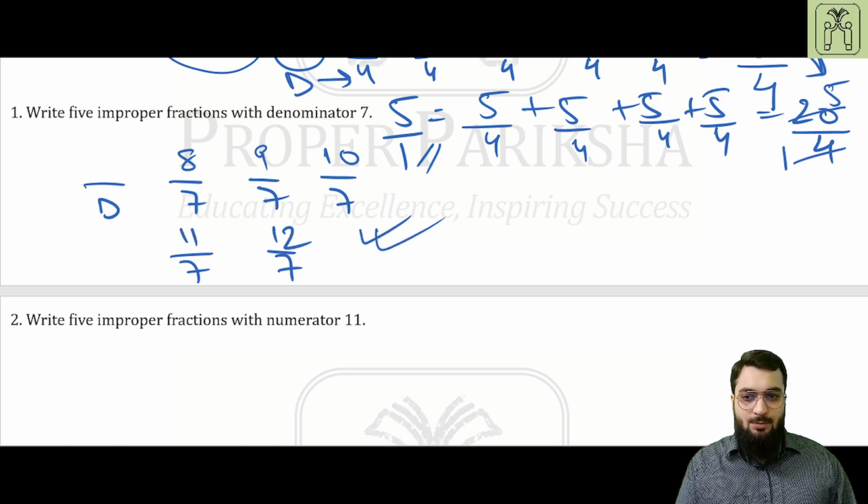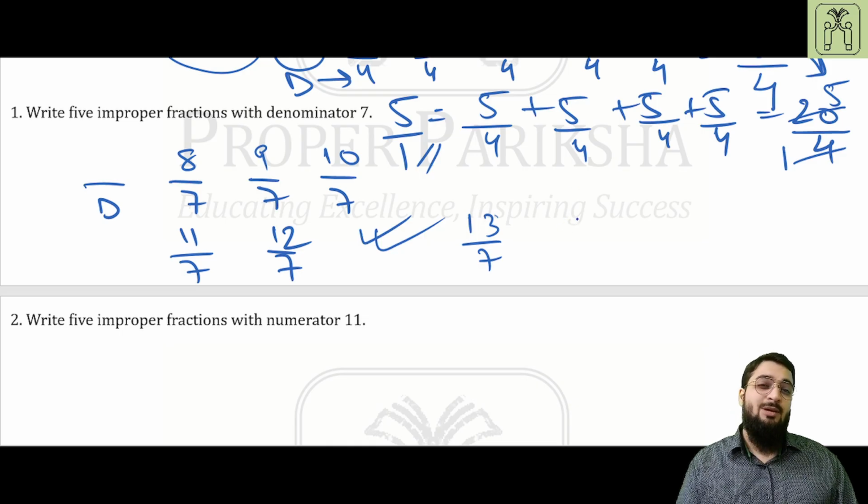One thing to note is that if you are asked to write not 5 but more, for example 7 improper fractions with the denominator 7, then you will write 13 upon 7, just like we were proceeding 8, 9, 10, 11, 12, 13, and then you might by mistake write 14 upon 7.